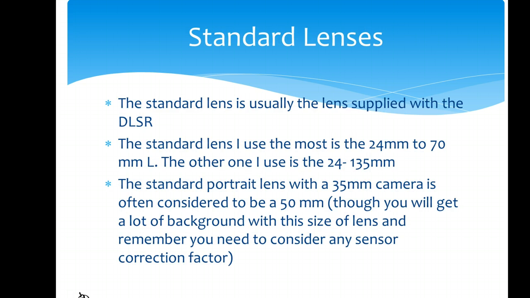Standard lenses are usually supplied with a DSLR. I mean, back years ago when you bought a camera, you would get a 50 millimeter standard lens. Today, most standard lenses, for example, the one that I would use would be a 24 millimeter to 70, or the 40 millimeter to 70, or the 24 to 135, and they go across a broad range of focal lengths that you would typically use for portraits, for landscapes, and they just give a good general lens that covers quite a wide range of applications.